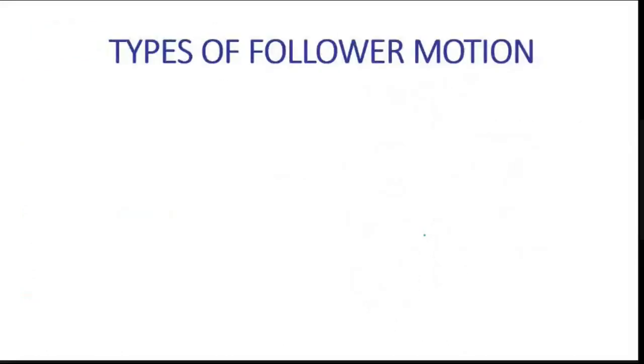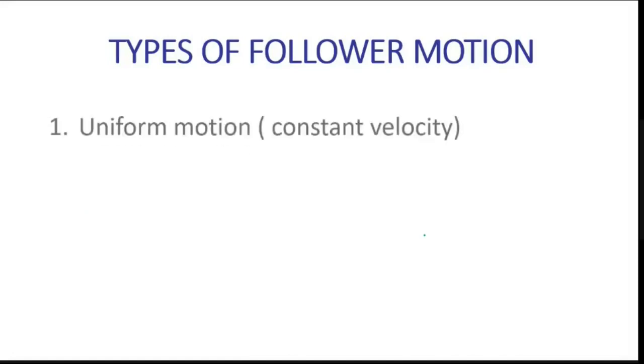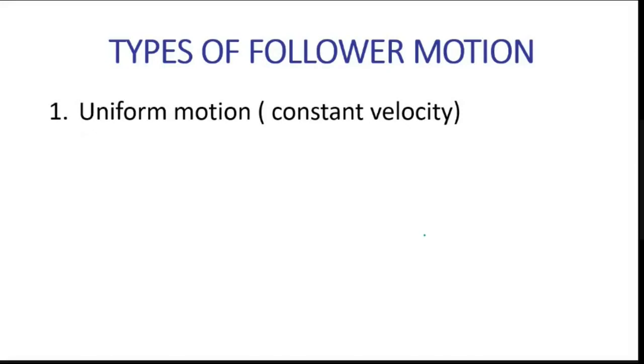Now, types of follower motion. This is important, because you will be drawing your cam profile only based on this follower motion, on how the follower is moving. So have a note of these things. We will go one by one. There are four types.